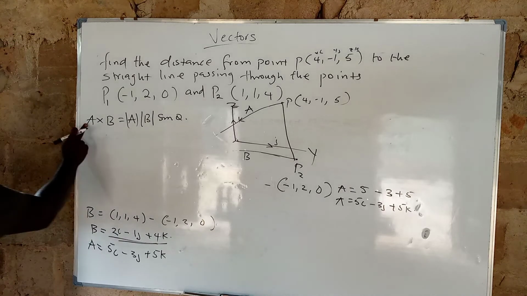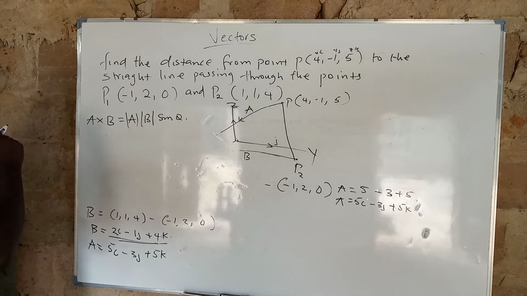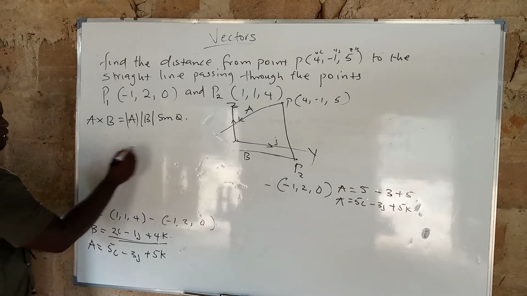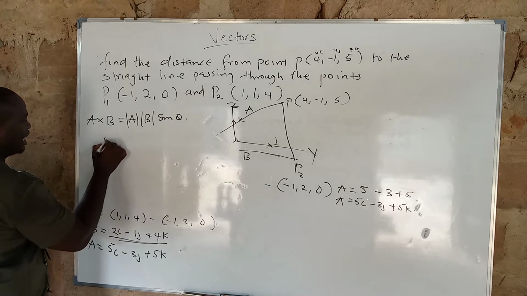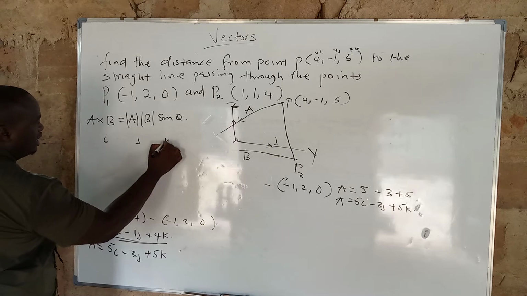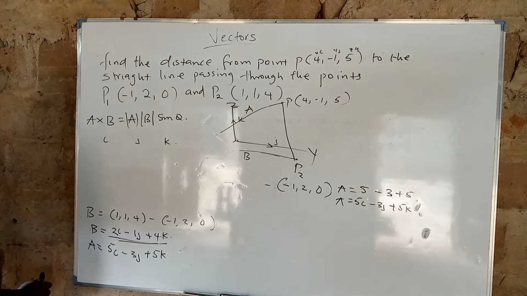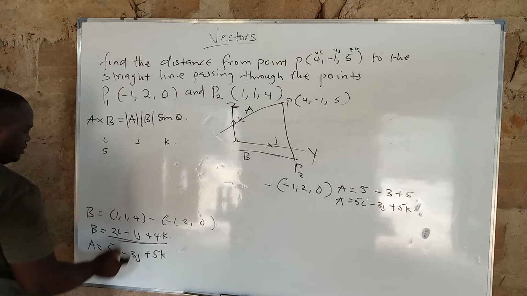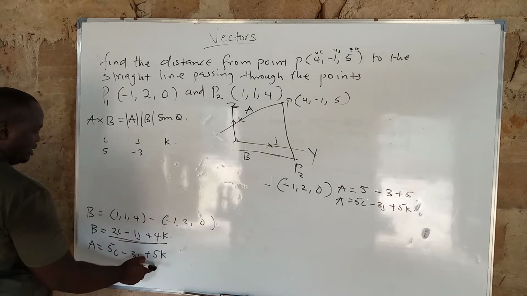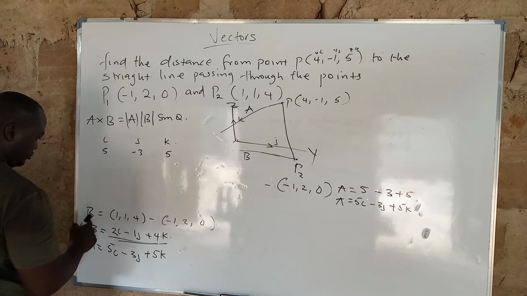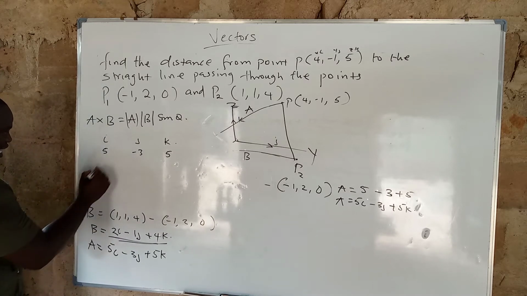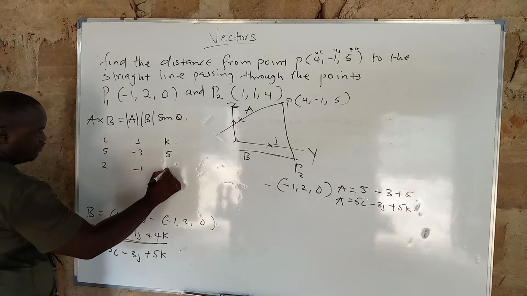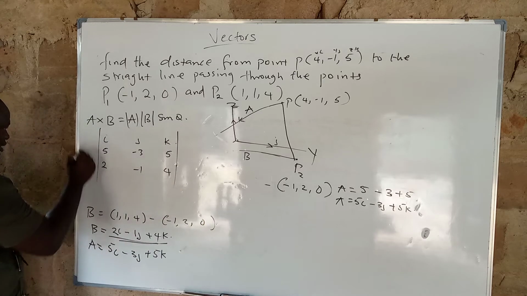And the magnitude of A cross B, that will take you to matrix. And so remember, the normal way of solving matrix is I, J, and K. Now under A we have 5, under J we have minus 3, and this we have 5. Under B, under I we have 2, minus 1, and here we have 4. Remember, this is matrix.